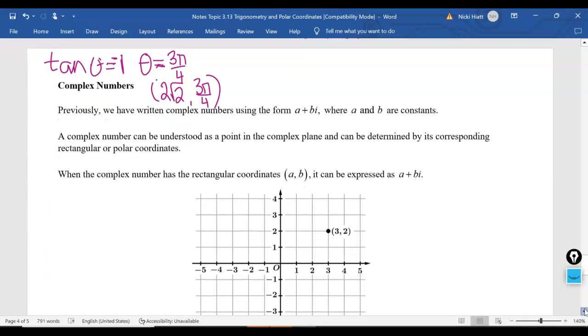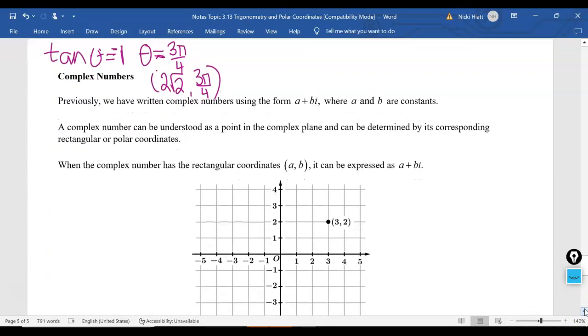All right, we've got one more thing that we have to cover here, and that is complex numbers. It says previously we have written complex numbers using the form a plus bi. We looked at this some back, I think it was in Unit 2, and a and b would be constants. Something we have not done is graph complex numbers.